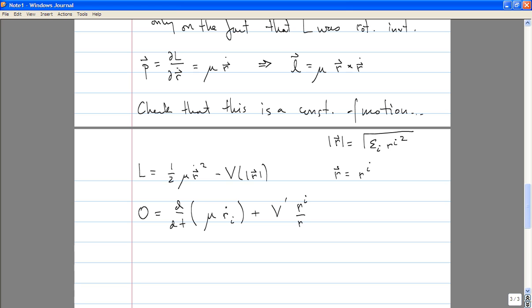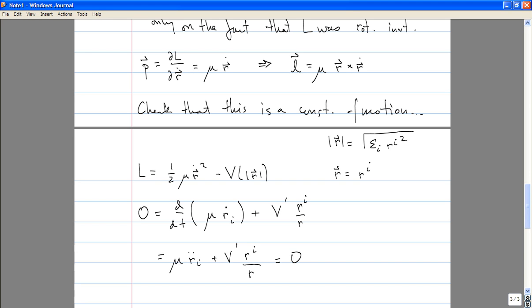So r_i over r is just the derivative of this norm r with respect to r_i. Is that clear? So the equation of motion is mu r_i double dot plus V prime r_i over r is equal to 0.